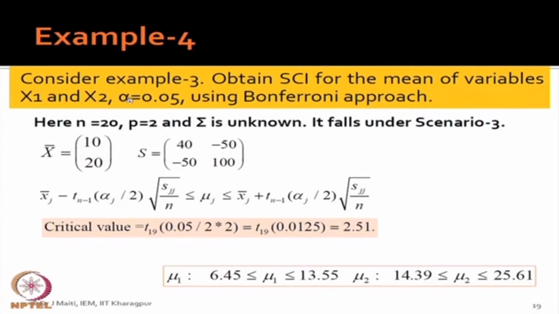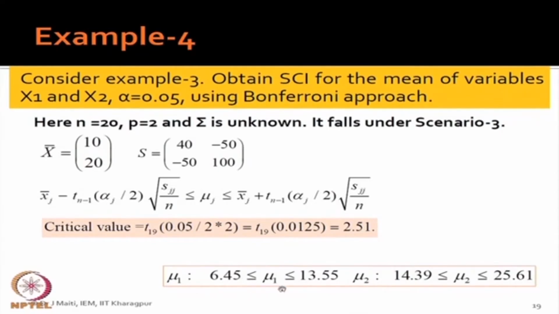Because our alpha is 0.05, then there are two variables, so alpha by 2 is 0.025, and again it is two-tailed, so further divided by 2, you are getting 0.0125.